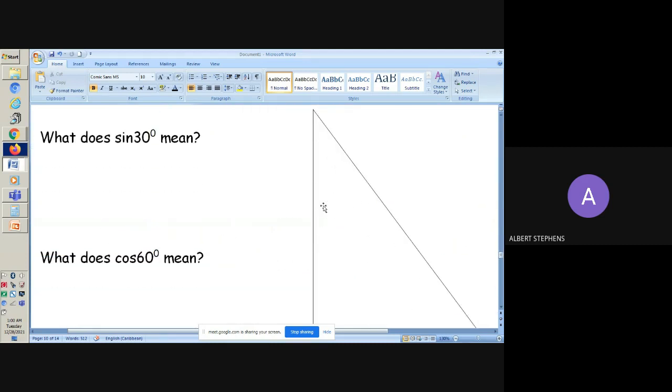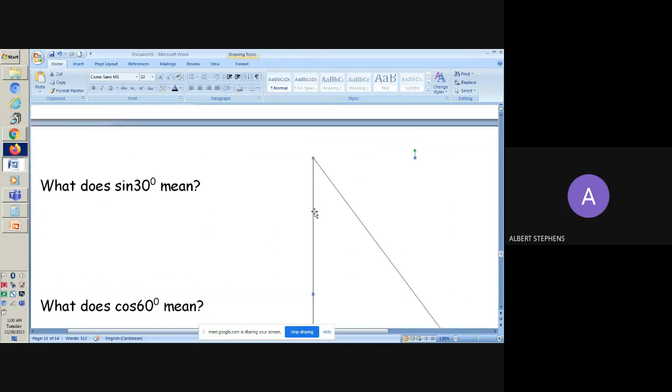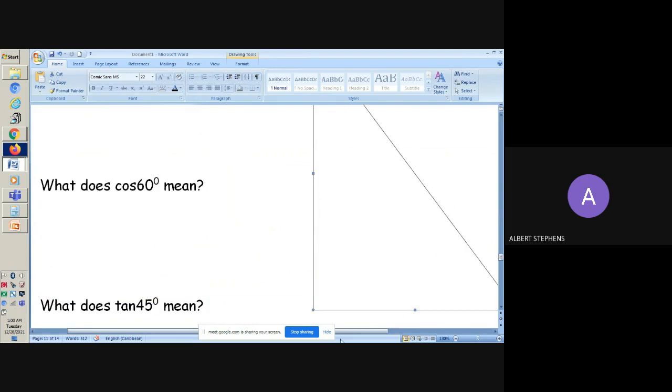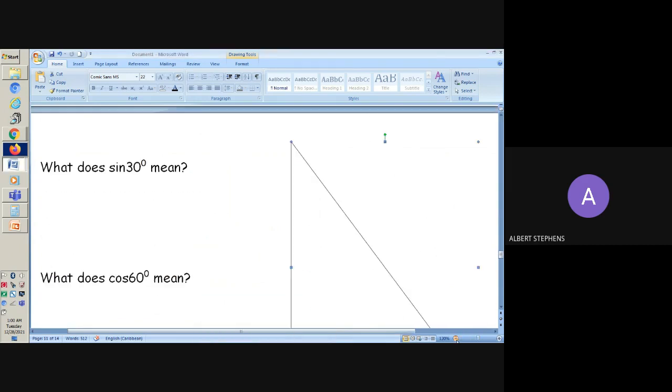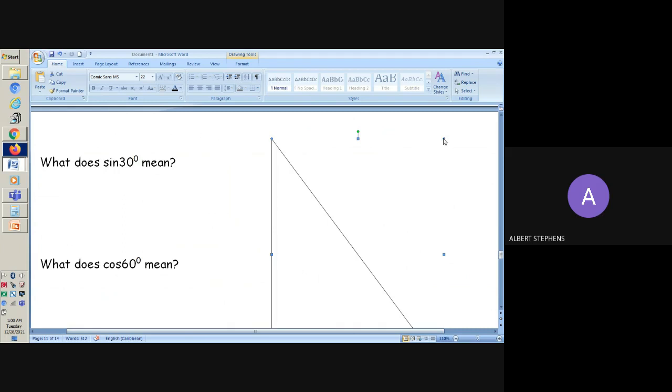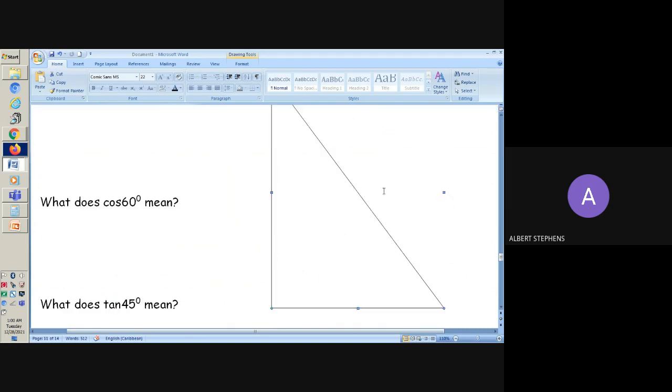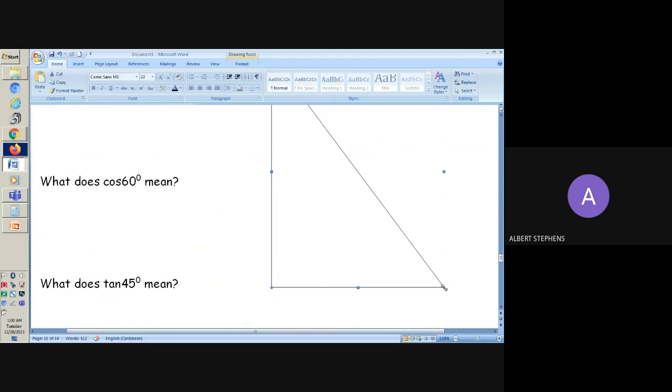Now, ladies and gentlemen, what does sine 30 degrees mean? If you notice on your scientific calculator, you can actually compute this and you'll get a value.